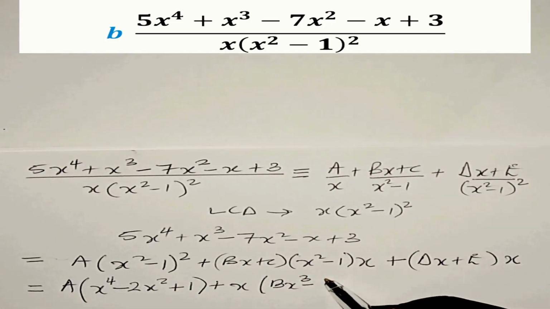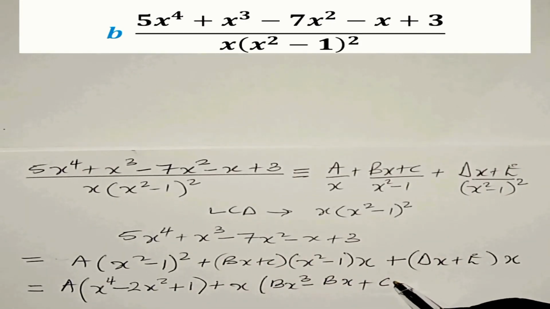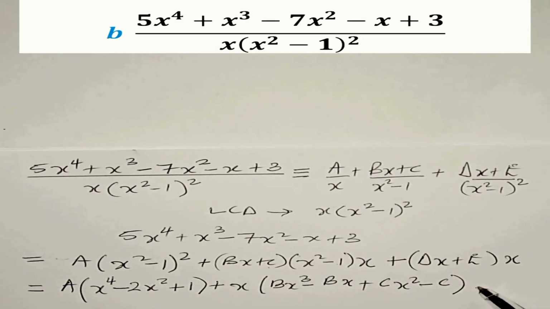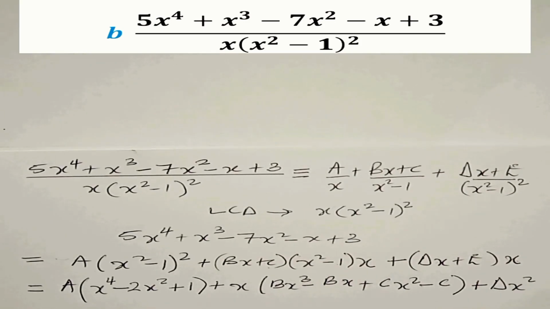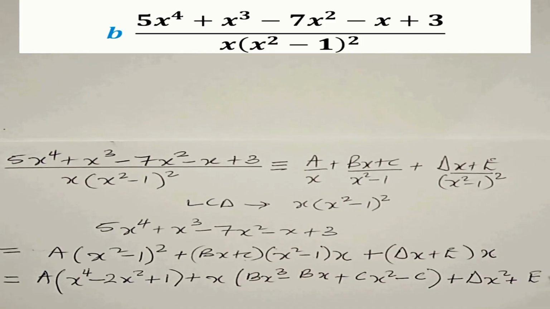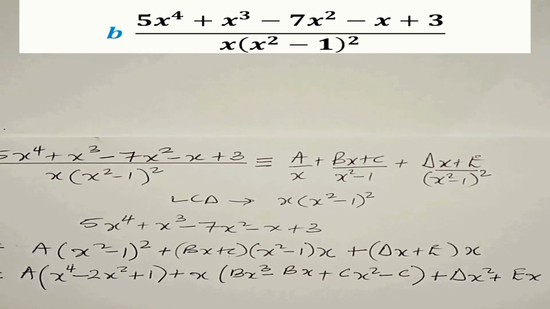Then you have minus bx. Then you say plus cx squared minus c. All right, plus dx squared. You multiply that and multiply that. You have plus ex.